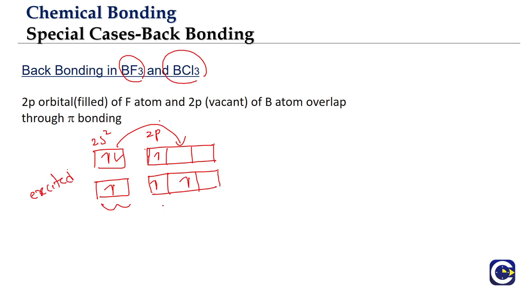Now by using the s orbital and the 2p orbitals, boron will undergo sp2 hybridization. So boron will have 3 sp2 hybrid orbitals aligned towards the corners of an equilateral triangle. What is this arrangement called? Trigonal planar arrangement.